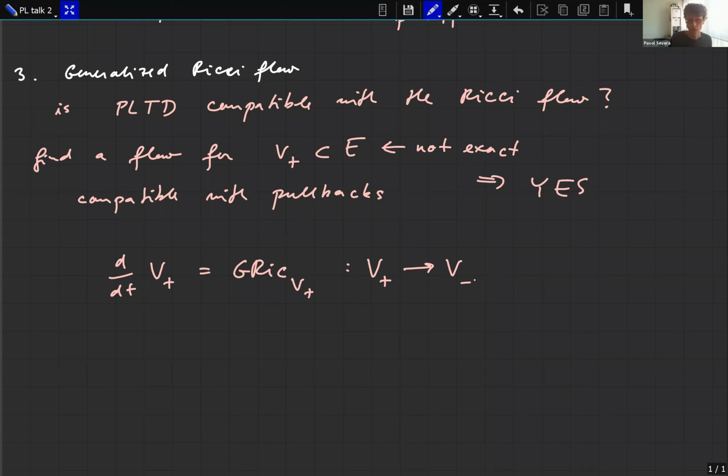So it should show us how the V plus that sits inside of E moves, and an infinitesimal deformation can be seen as a map going from V plus to the orthogonal complement, right? It's a super easy idea. Everything should work. The only problem is that it doesn't exist. There is this minor trouble that no such thing exists.